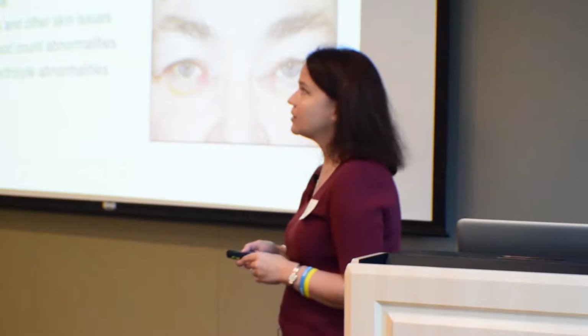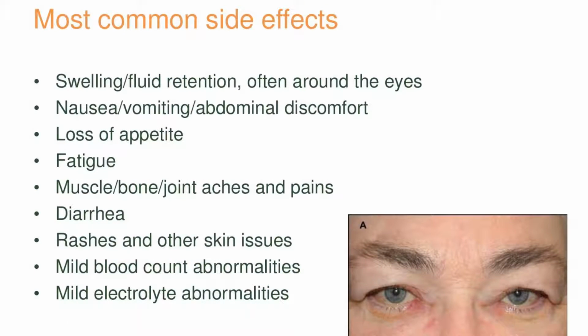Most common side effects: swelling and fluid retention is a big one. A lot of times patients will complain of swelling around the eyes. Here's a picture of somebody who has this, and that's really hard to manage. For most swelling, we try to use diuretics, but for other causes; it doesn't really work well for Gleevec-induced swelling in the legs or in your face. There are some tricks that I'll show you in a minute for all of these different things.